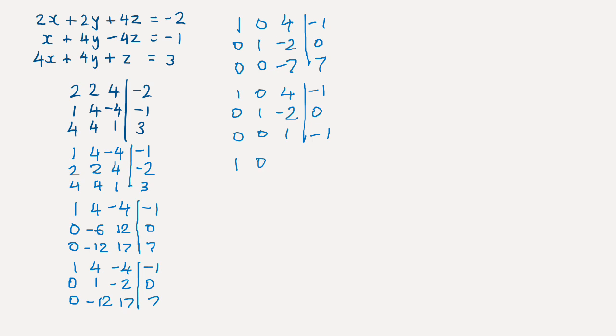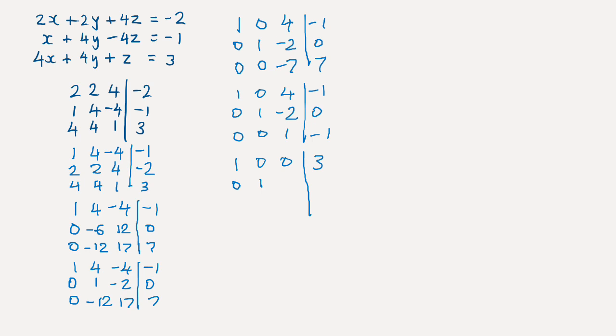So we'll have 1, 0, 0, and then on the right hand side of the line we've got minus 1 minus 4 times minus 1, so minus 1 plus 4, so plus 3. And then the middle row we're not doing anything with, oh no, we are doing something with the middle row.